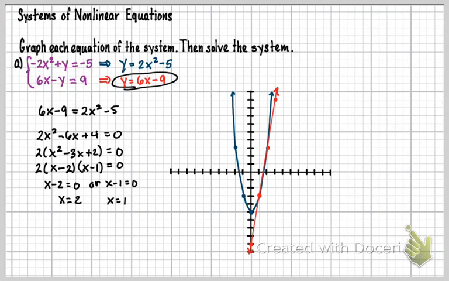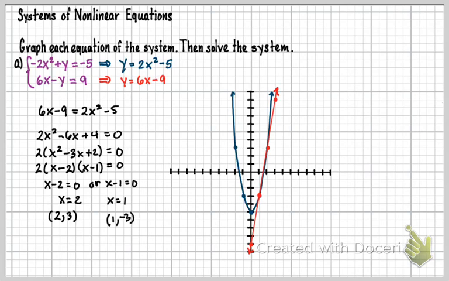So when I plug in a 2 where I see this x, that's 2 times 6, which is 12, minus 9, which is 3. So this is going to be 2, 3. And then when I plug in a 1 there, that's 6 times 1, which is 6, minus 9, which is negative 3. So that's going to be 1, negative 3.